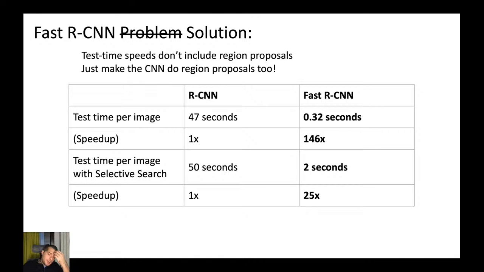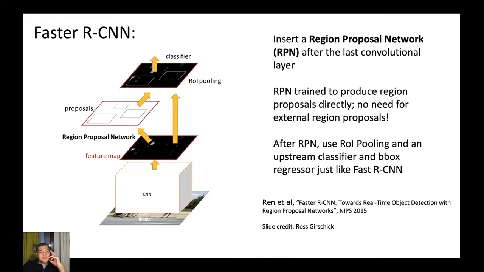Okay, so in their latest development, since this region proposal really takes a lot of time, what if we try to include it in the framework and train it end to end? In 2015 for NIPS, they proposed Faster RCNN, which with respect to Fast RCNN is the same architecture.